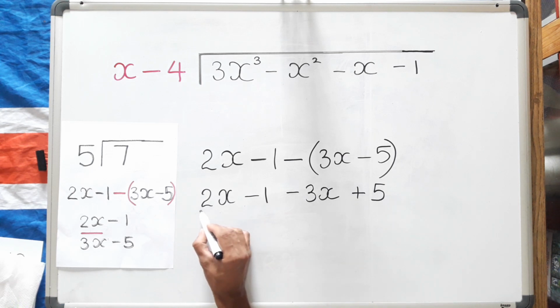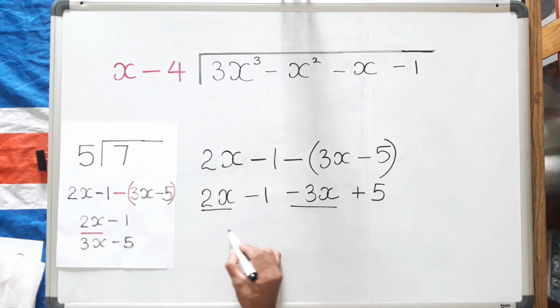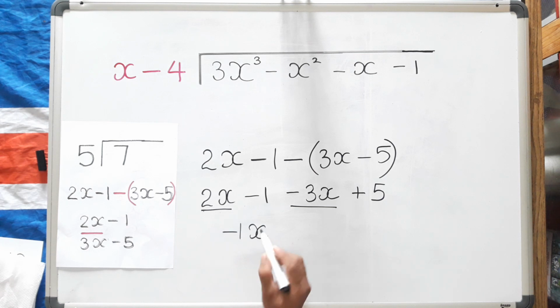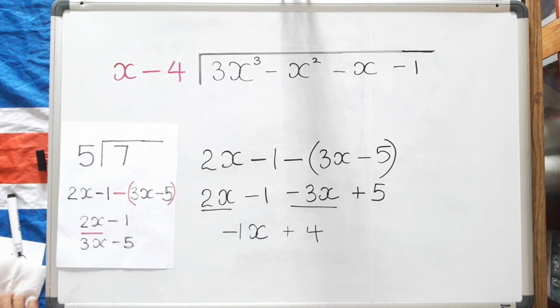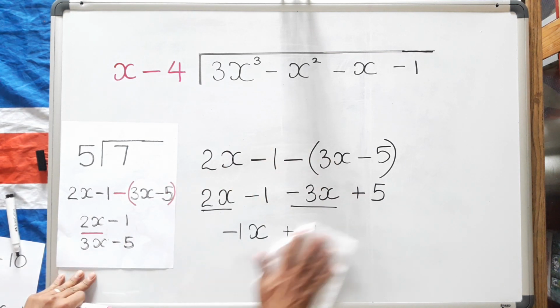And then what would you do? You would say 2x minus 3x is minus 1x. Then minus 1 plus 5 is positive 4. Right? Seems simple so far. So let's write this same question slightly different.